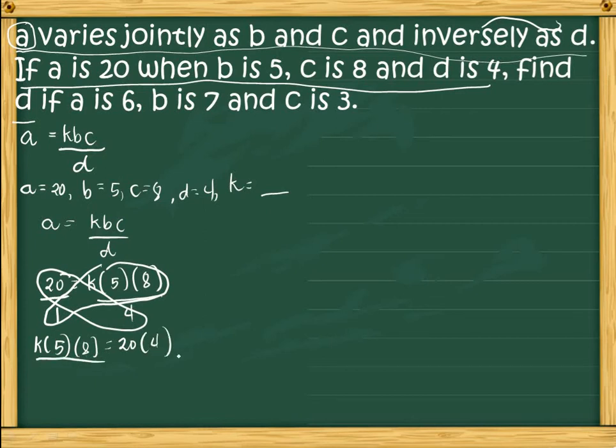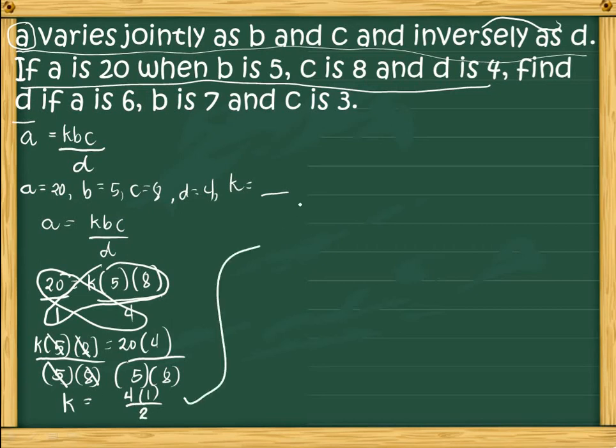So we need to divide. Our goal is to find the value of k. We need to eliminate 5 and 8 here. So we divide both sides by 5 and 8. So k times 5 times 8 divided by 5 times 8 will be eliminated, and we only have k. Next, 20 divided by 5 is 4. 4 divided by 8 is 1 over 2.